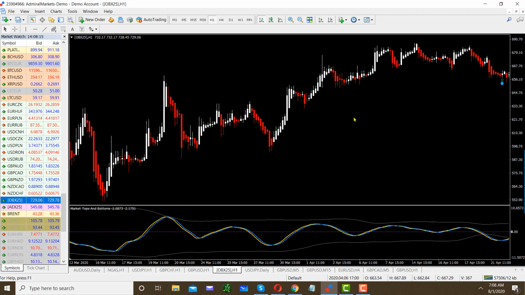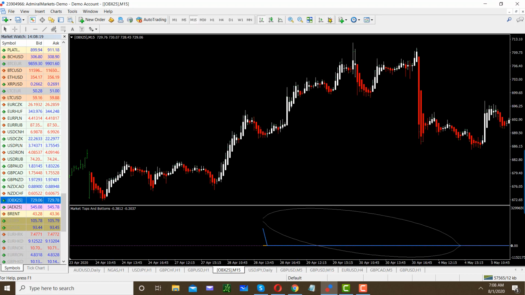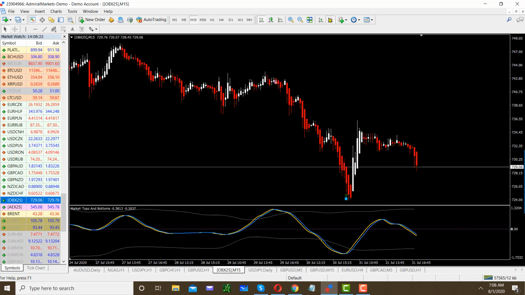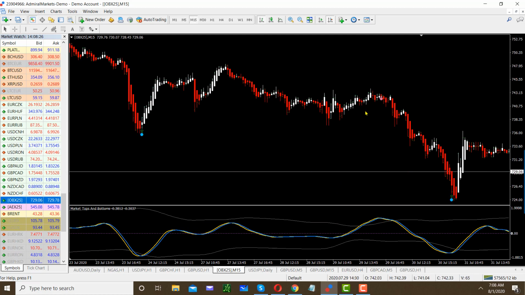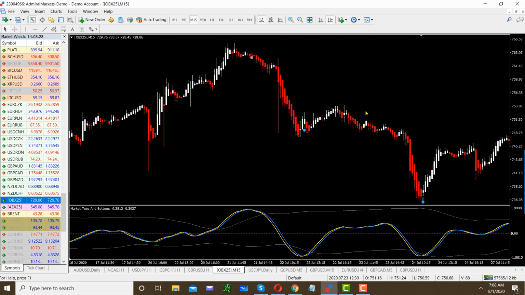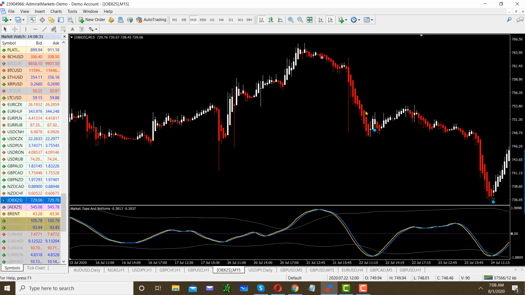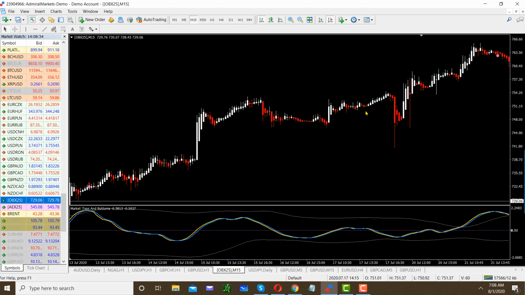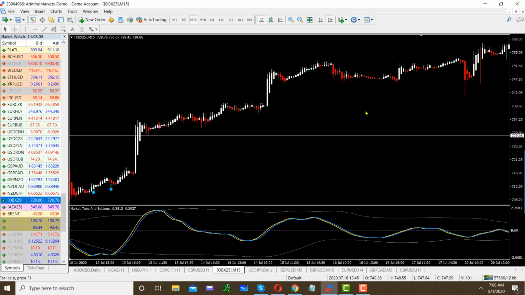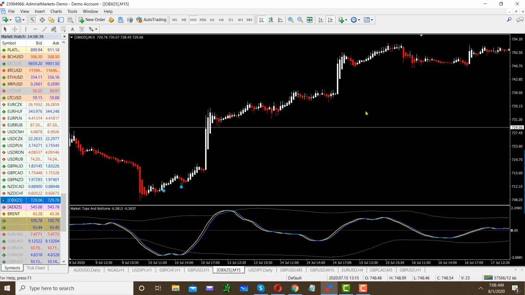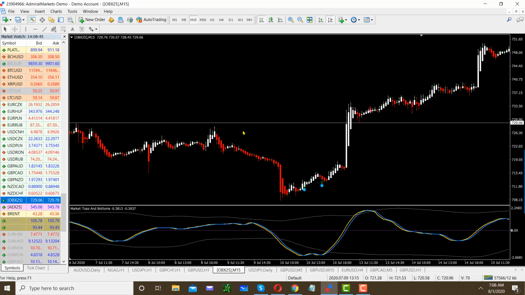Caught the big drop. And I'll just switch to a one-hour time frame real quick here. See a buy off the bottom here, sell. This is a sell signal here, but it wouldn't get filled just based on the criteria.